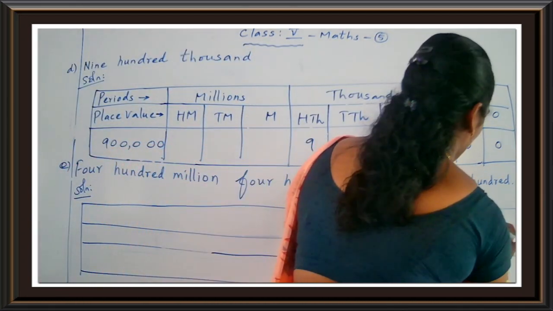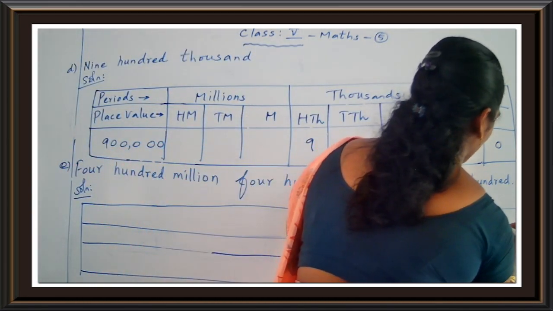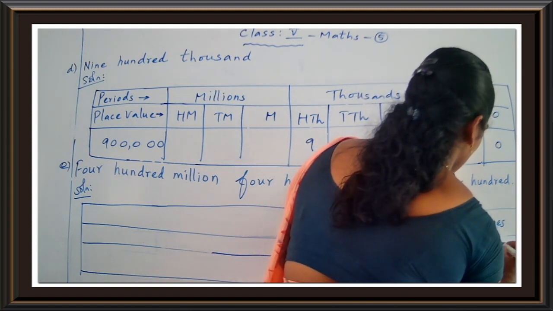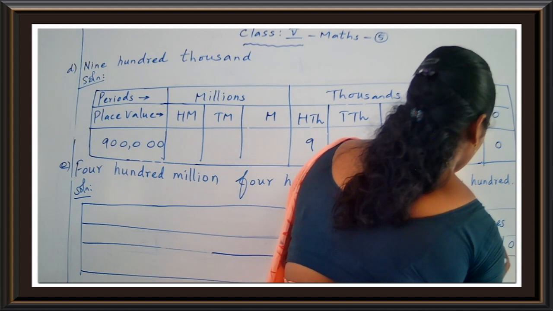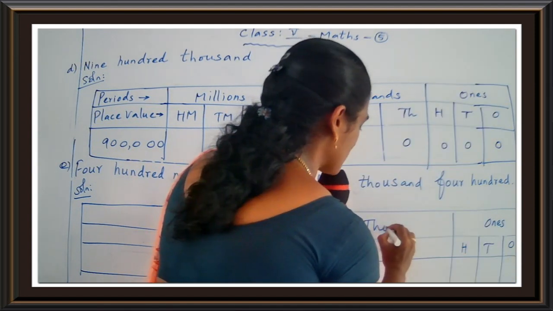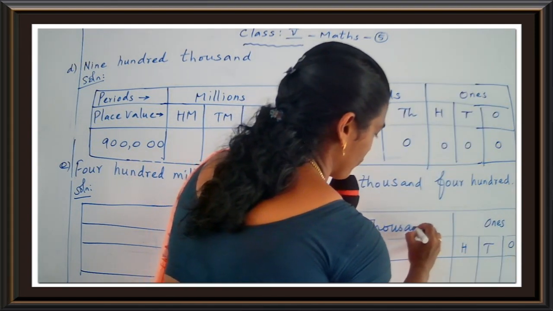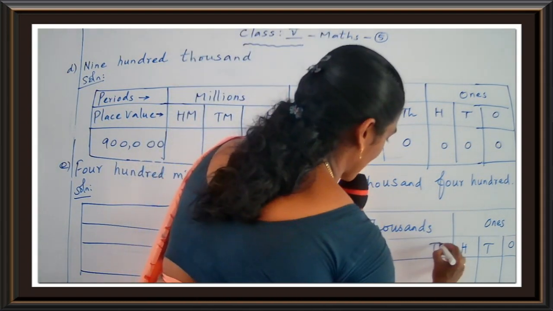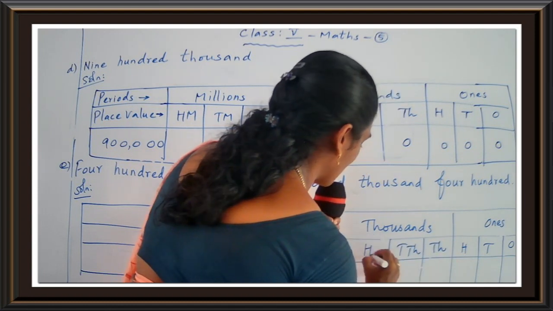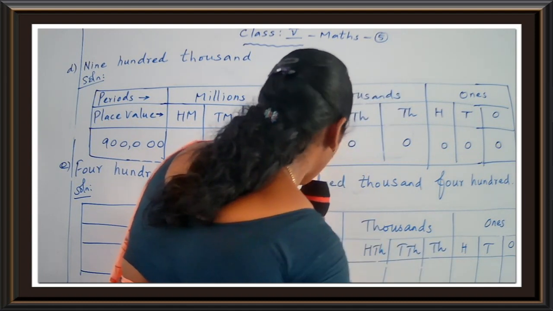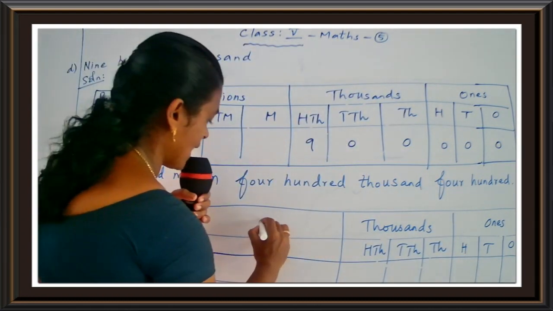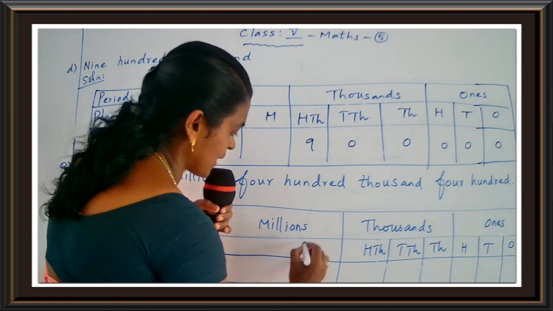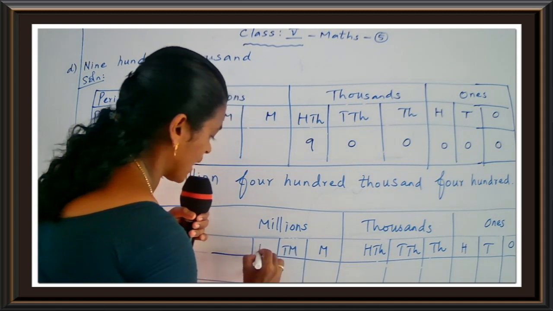First period, ones period. So ones period consists of ones, tens and hundreds. Next is thousands period, which consists of three places: 1,000, 10,000, 100,000. Next is millions period, which consists of million, 10 million and 100 million.